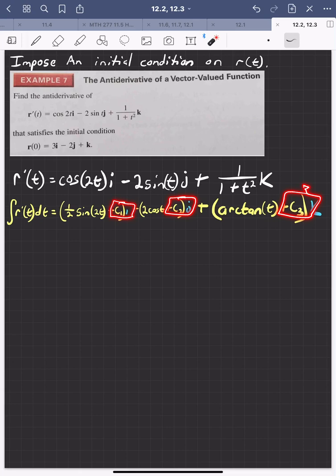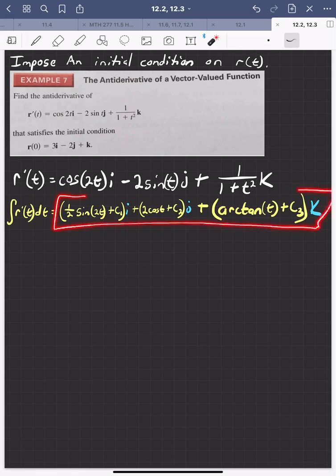But because we actually have a little bit of information about our original function, we know that, remember, what we just found right here would be r of t, because we started with r prime. Now, what we do know is that when t is 0, this is the starting vector, right?